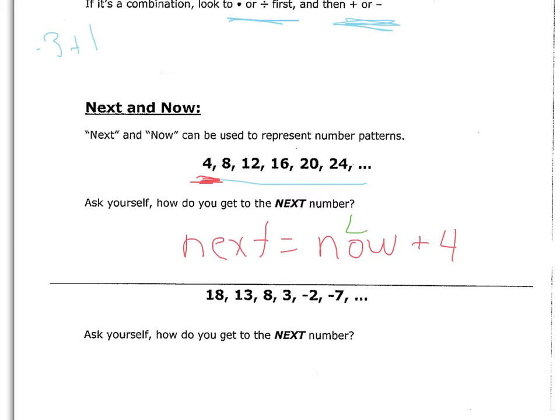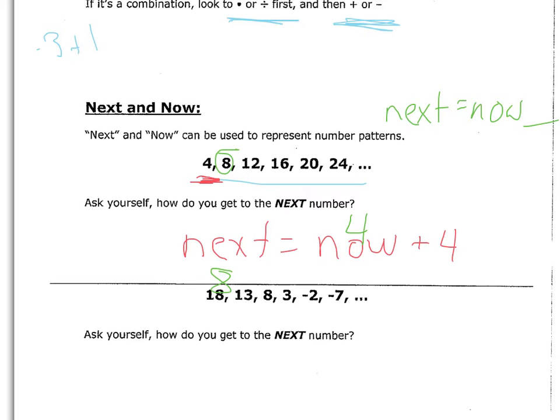We're at 4 right now, and our pattern is adding 4. Well, 4 plus 4 gets you 8, your next number. So basically the next and now equation is going to give you the next number in the pattern. How it's always going to look is next equals now, and then plug in whatever your pattern is right after now.